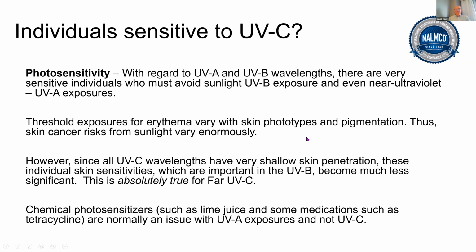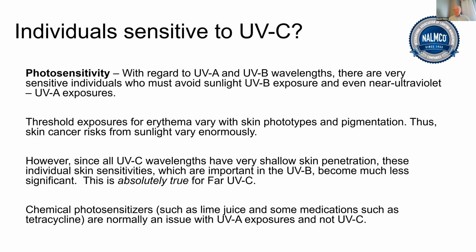The UV erythema varies a great deal with skin phototypes. In other words, people with heavy skin pigmentation have a higher threshold for skin reddening than a very pale light skin. And therefore, the skin cancer risks vary a great deal by individuals if we're talking about UVB and sunlight.